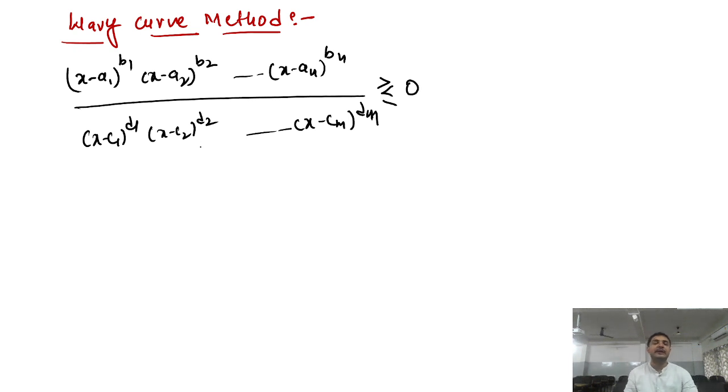If this type of inequality is there, we use the Wavy curve method. Polynomial by polynomial inequalities we solve using the Wavy curve method.